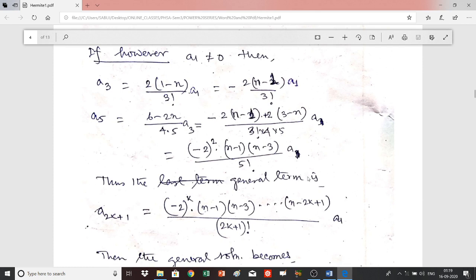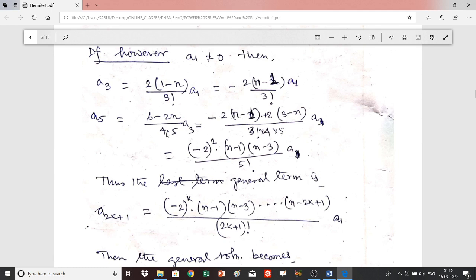So the general term can be written using 2k plus 1. In this case k is equal to 2 here, just compare this to 2k plus 1, so it is written as minus 2 to the power k, then (n minus 1)(n minus 3). The last term is n minus 2k plus 1.